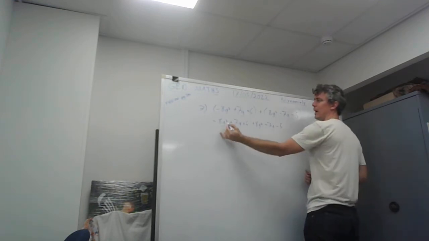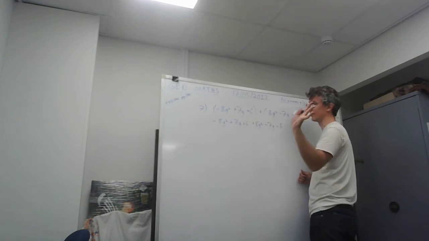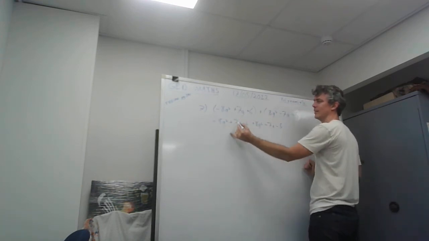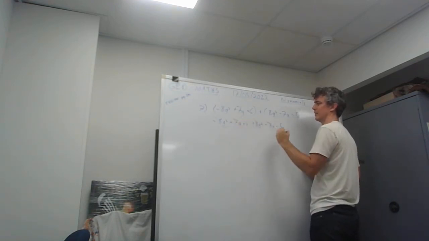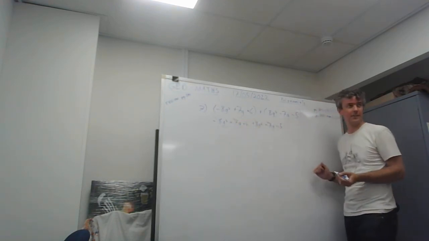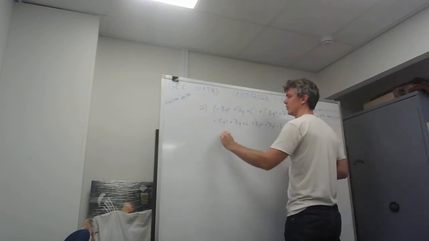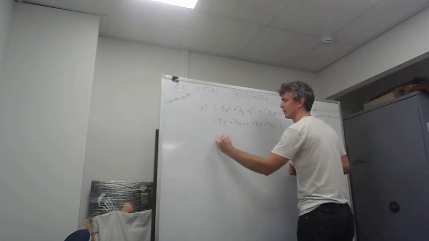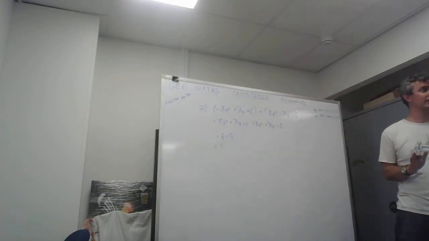Minus 8g squared plus 8g squared is 0, they cancel each other. 7g minus 7g is also 0. So now we just have 6 minus 5, which equals 1. Any questions on this?